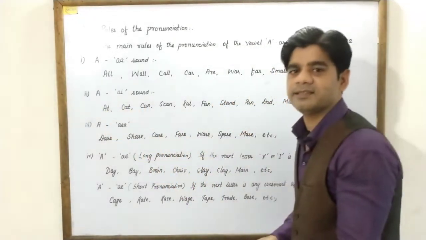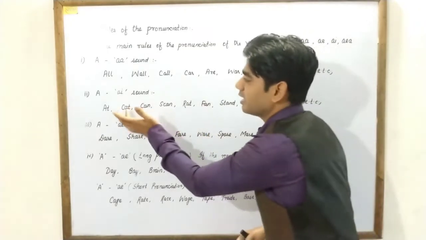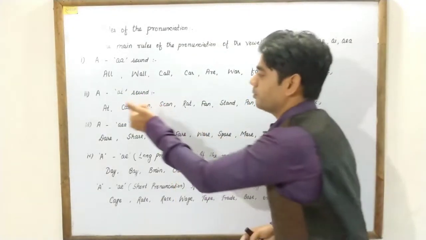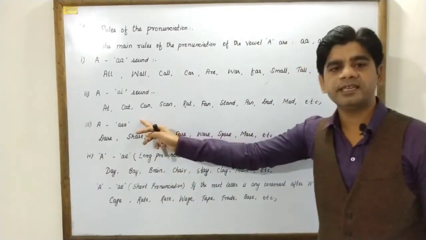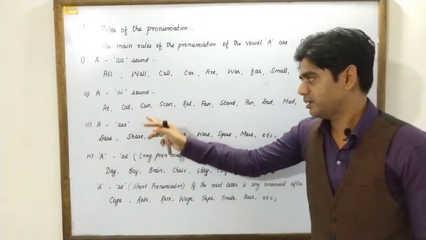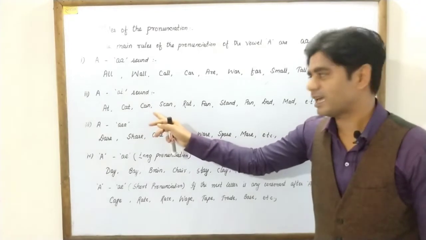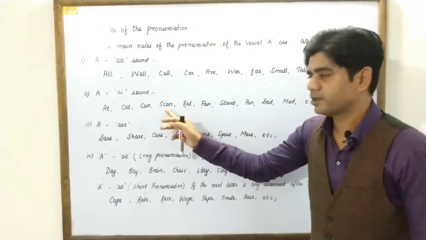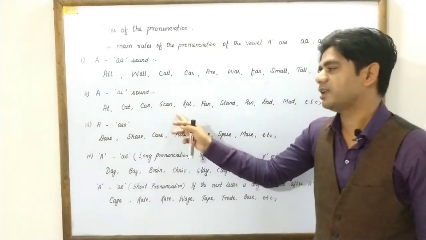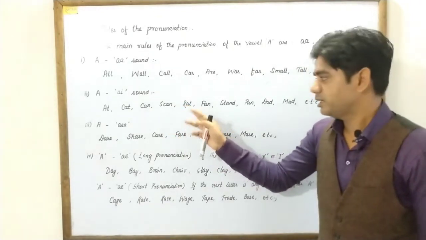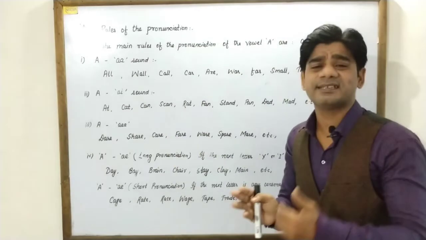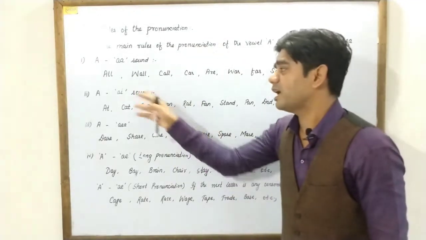That's why we are reading it "cat". Now, C-A-N, "can". The next one, S-C-A-N, "scan". R-A-T, "rat".